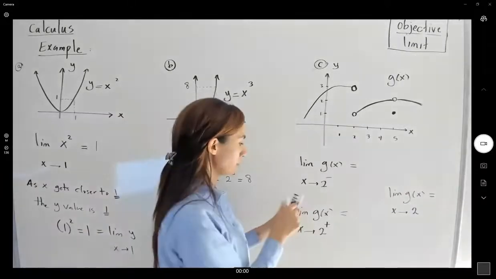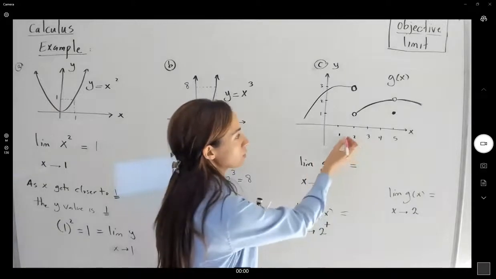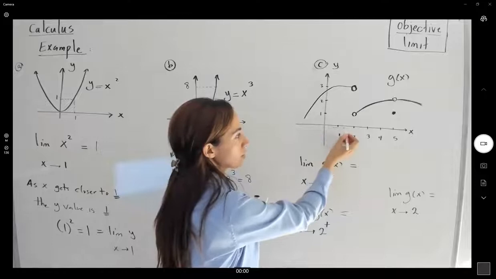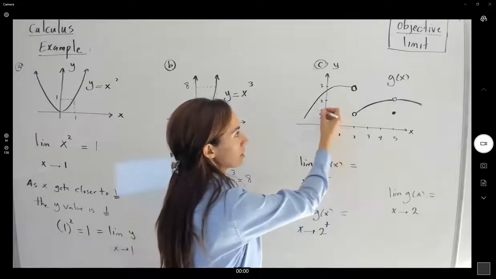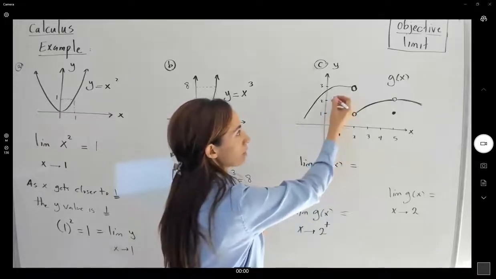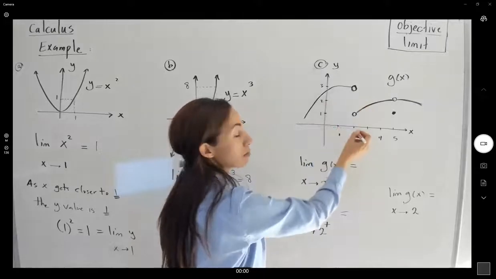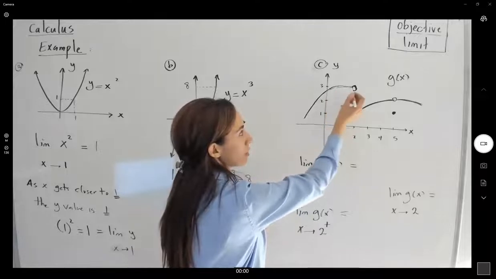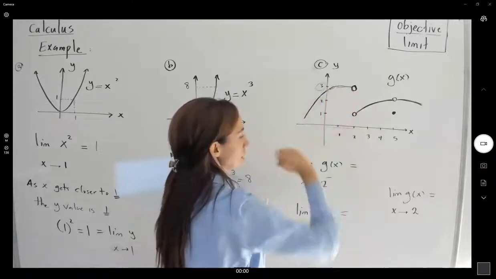It says I'm getting closer and closer to 2 from the left-hand side. It means that I'm working on this part of the graph. What is my y value as I'm getting closer and closer to 2 from the left on this part of the graph? It is equal to 3.